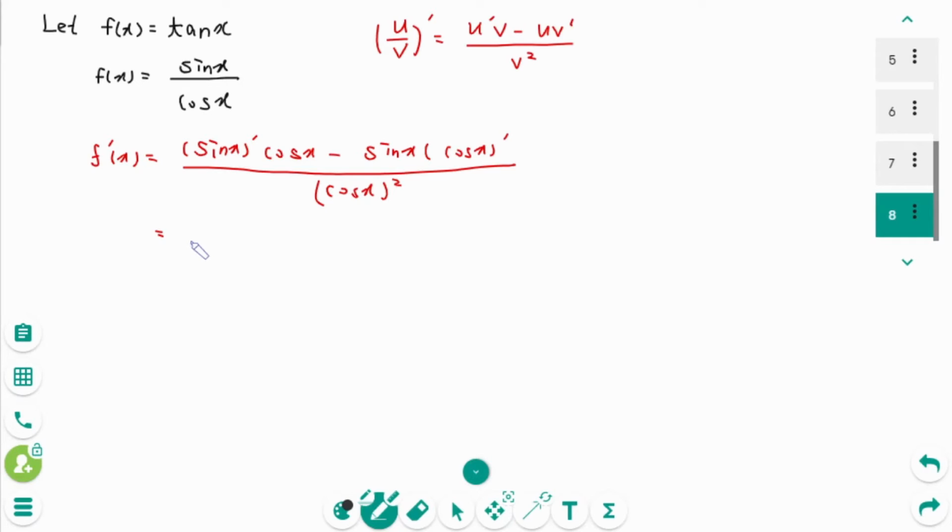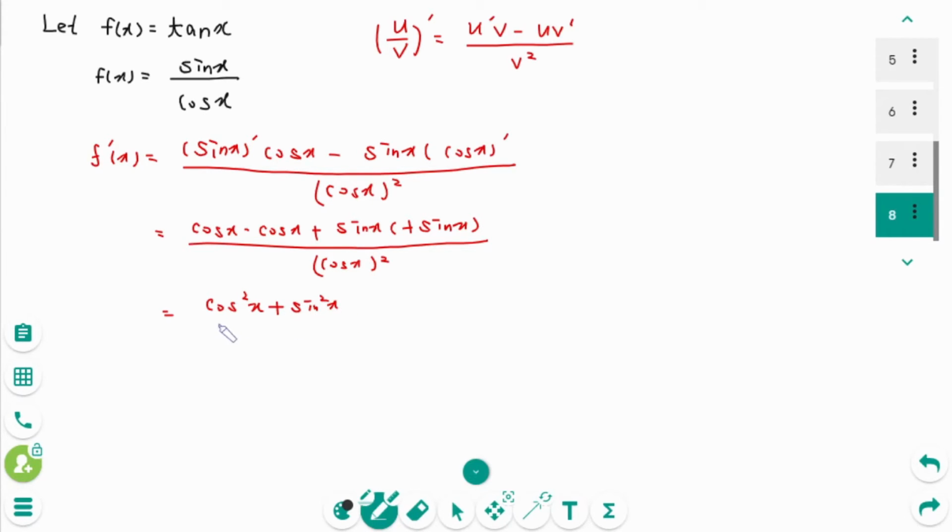Then sine x prime equals cosine x, times cosine x minus sine x times cosine x prime equals minus sine x, over cosine x squared, equals cosine squared x, make positive, plus sine squared x over cosine squared x, equals 1 over cosine squared x, which is secant squared x.